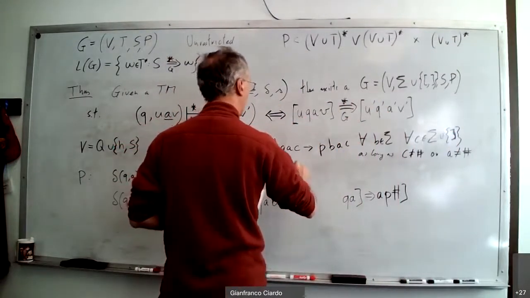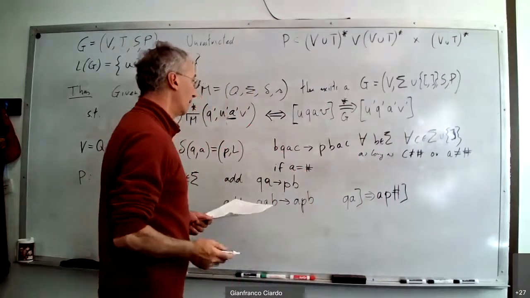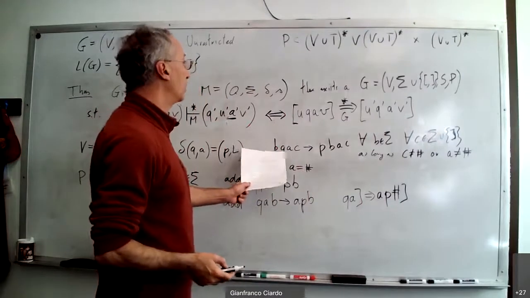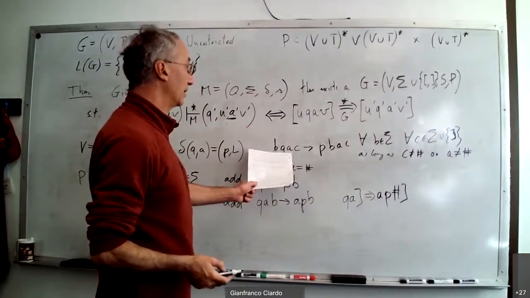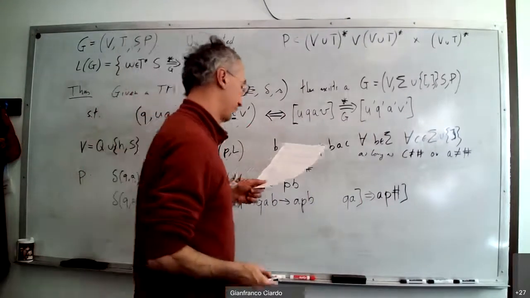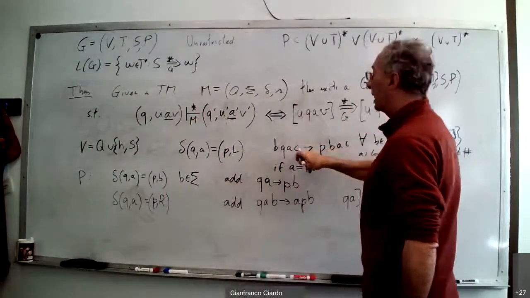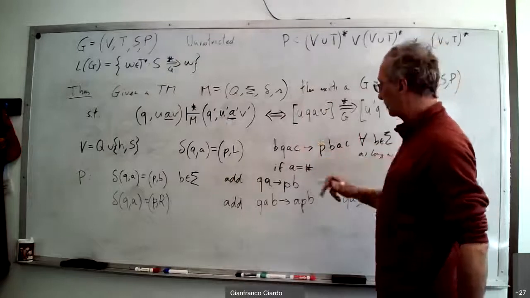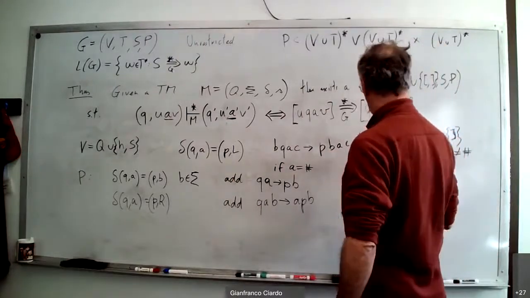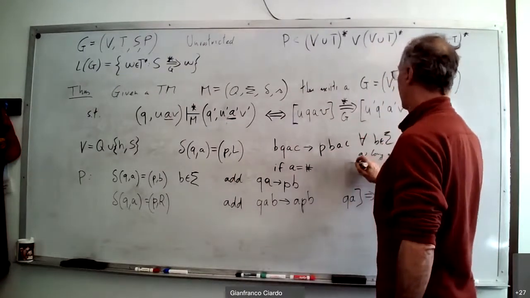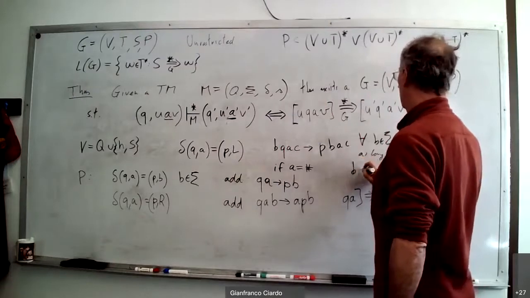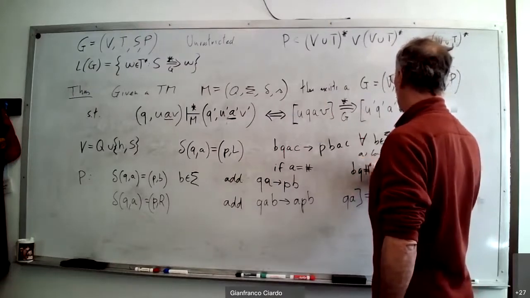If instead A is blank, so in this case we have BQ blank C. So if C is the right bracket, so what I need to say is what is BQ blank.